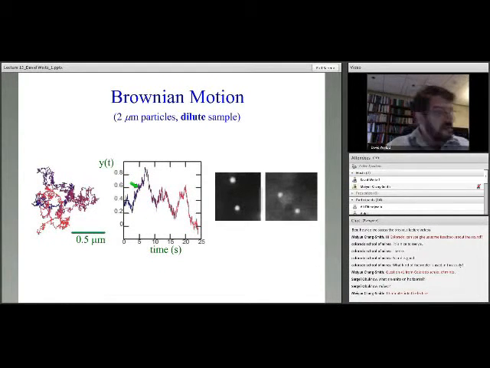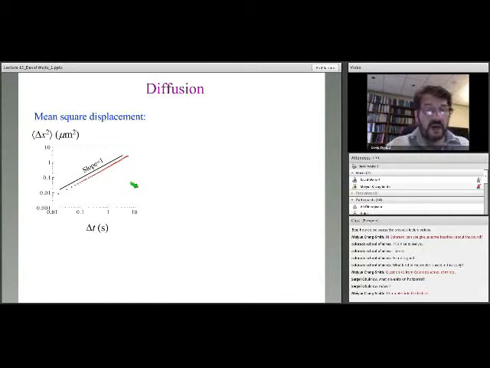To analyze that, as always with diffusive motion, the best way of analyzing it is to measure the mean squared displacement. That is, you measure what the average displacement is as a function of lag time. You look at all the different lag times of, for example, 0.1 second, and you measure the average squared displacement, and you plot that as a function of lag time.